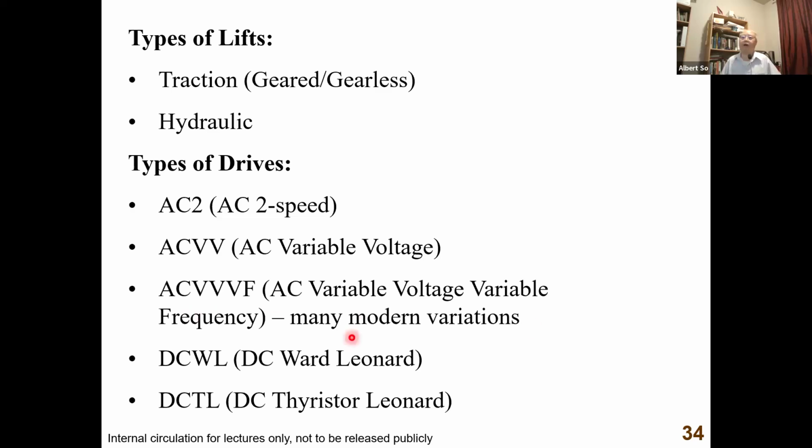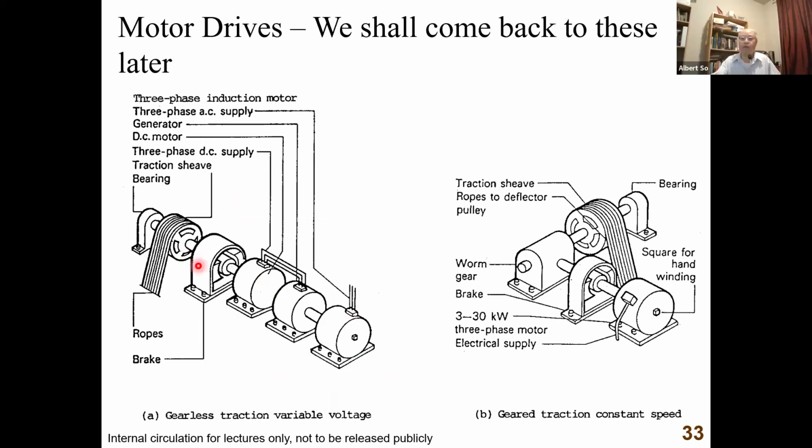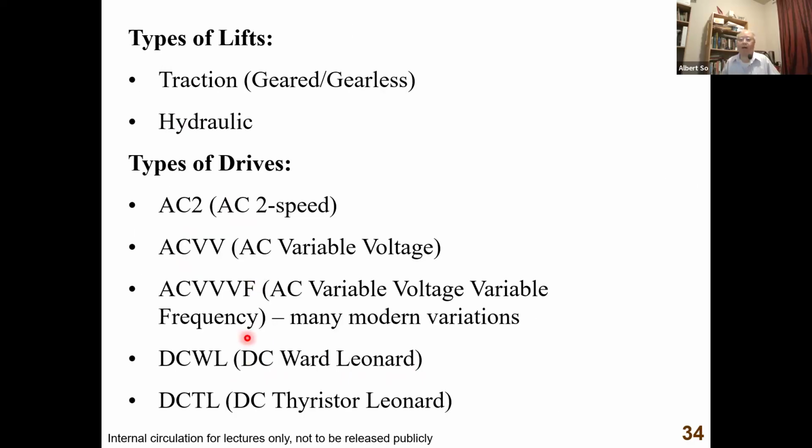All right. So we talked about traction lifts, we talked about hydraulic lifts, and then for drives, we have different types. We just talked about this one, DC Ward-Leonard. It's an MG set, motor generator set. Ward-Leonard is the name of the inventor. This is a DC motor. In the past, not now. Now it's AC.